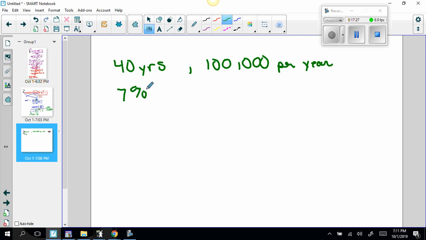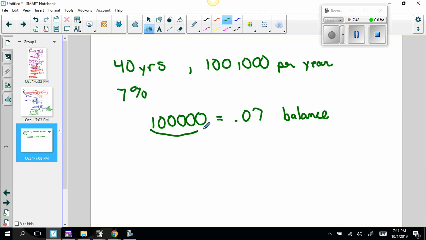Then this is their problem. 50,000, 7% equals the total balance. So $100,000 must equal 0.07 times the balance because you need 100,000 in interest each year, and basically there's going to be a ton of money left over with this plan.